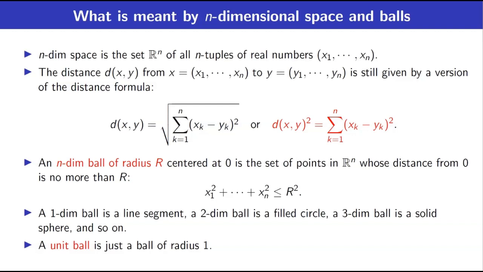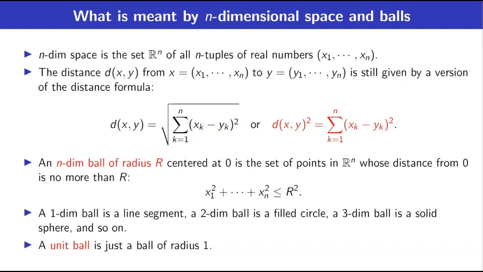The distance between 2 points x and y in n-dimensional space is still given by a version of the distance formula, which is the Pythagorean theorem in disguise. So it behaves in many ways just like the distance formula you've seen in your classes up until now. An n-dimensional ball of radius r centered at 0 is the set of all points whose distance from 0 is no more than r.